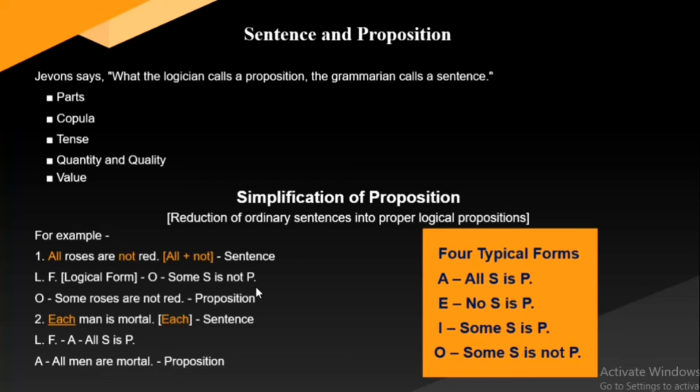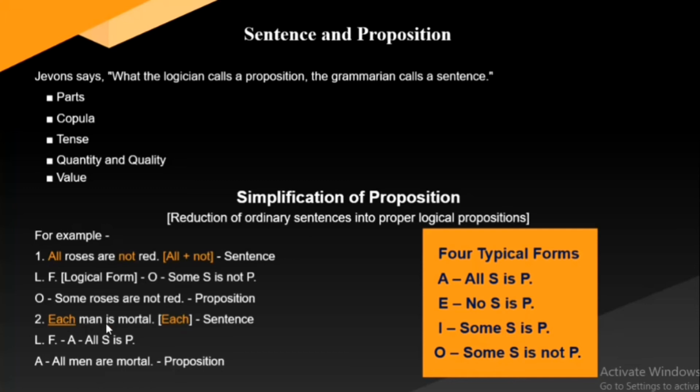Some S is not P. Some roses are not red. If we transform the sentence all roses are not red into some roses are not red, then the original meaning of the sentence remains the same. Transformation of all roses are not red into some roses are not red is called simplification of proposition.